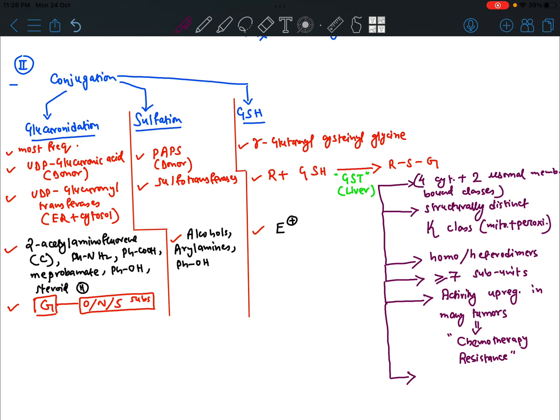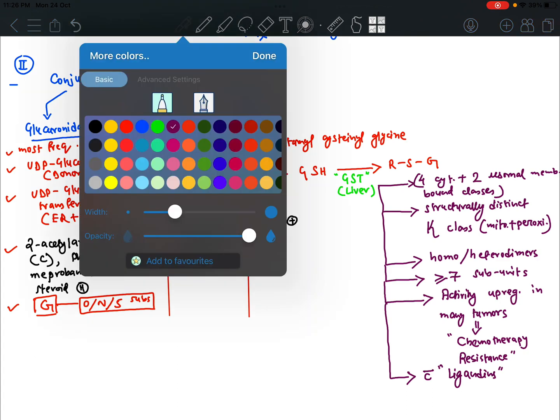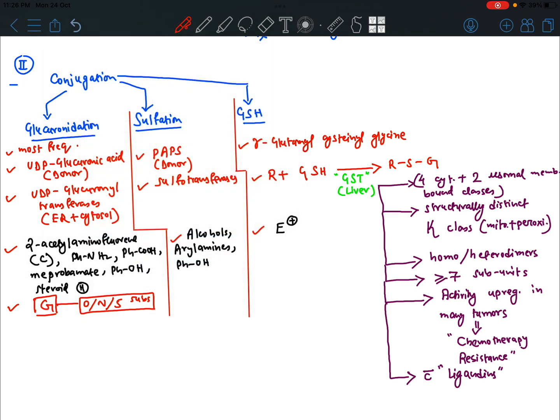This glutathione transferase binds with ligandins as well. Done.